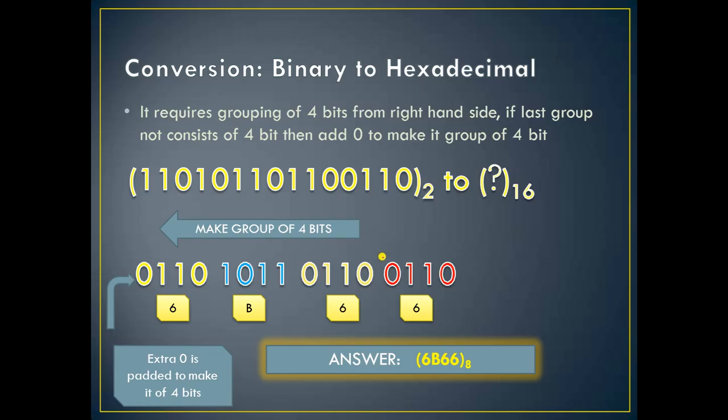Now how will you convert binary to hexadecimal? So this is your binary number. You can see it is a very large number. So how will you make it in hexadecimal form? You need to make groups of 4 bits. So start from the right side.